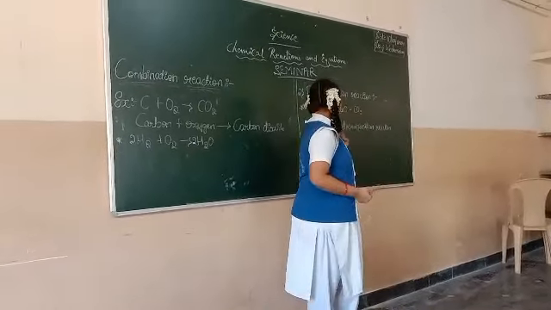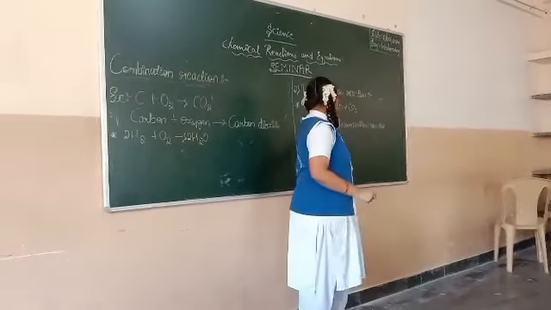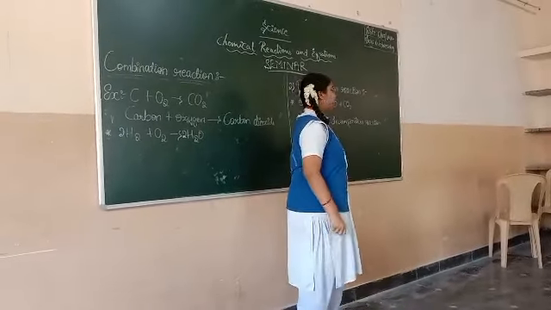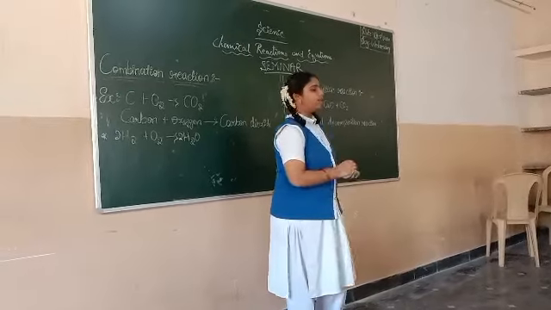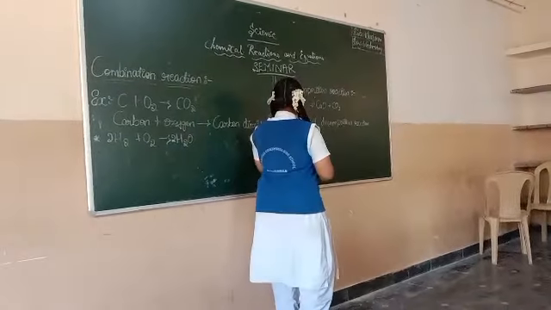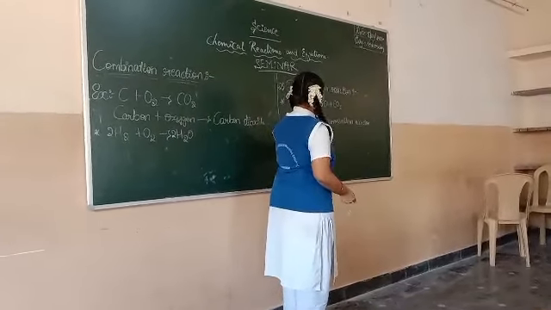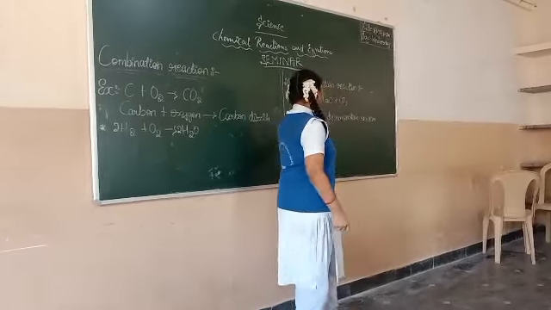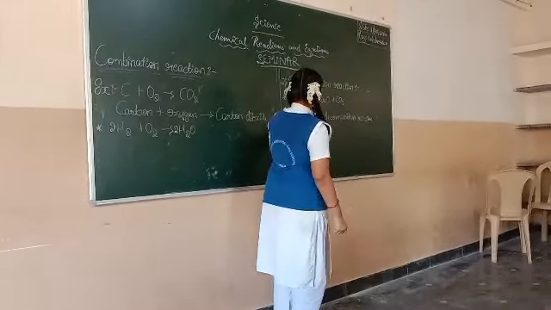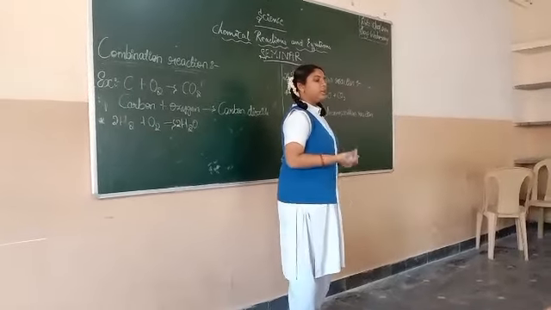Thermal tells us that heat takes part in this reaction, converting the substance into products by heating. Let us take CaCO3. When heated, it gives rise to CaO plus CO2. This is also an example of the thermal decomposition reaction.